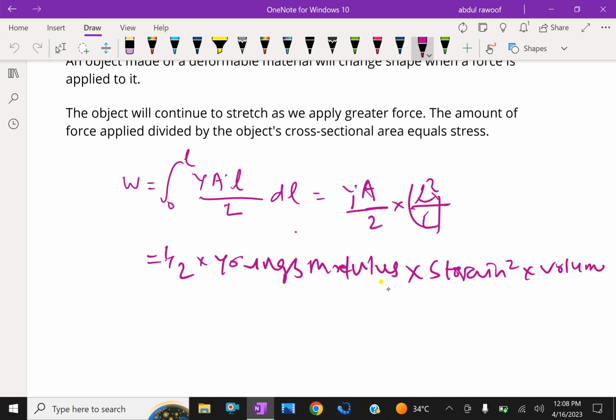So this is the strain energy stored. You can also write this as half into stress into strain into volume.